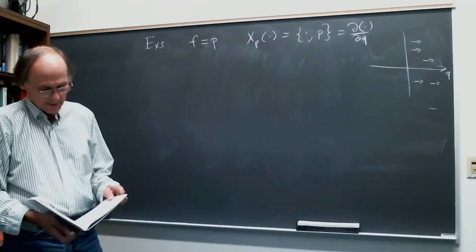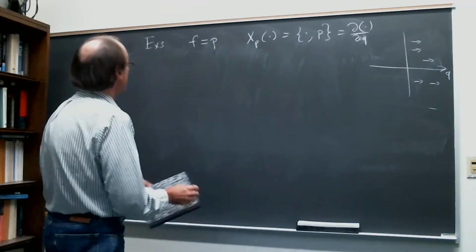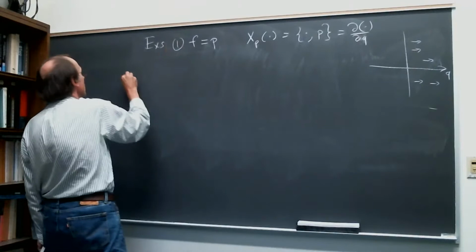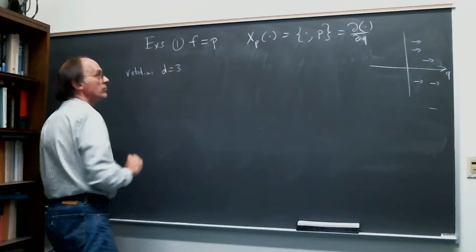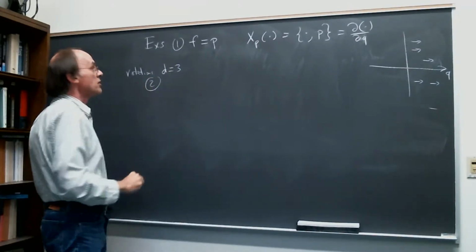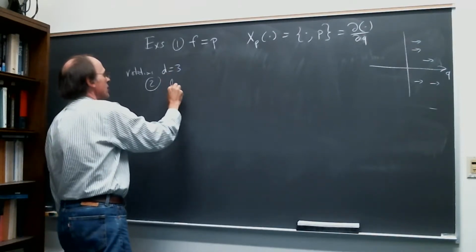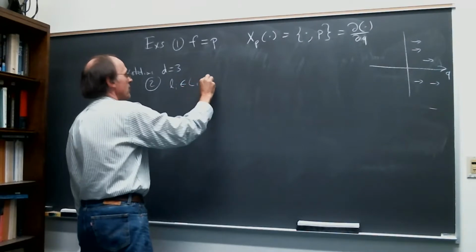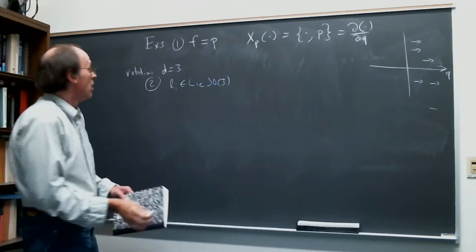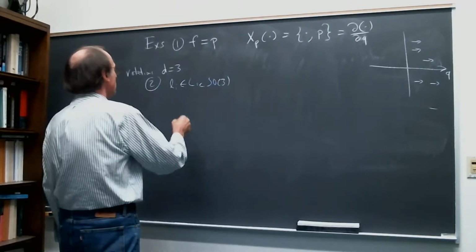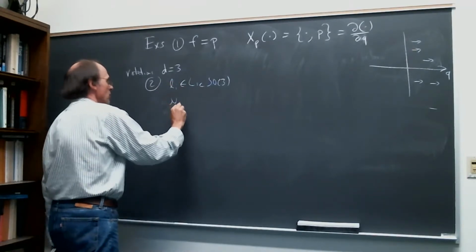And then the other good example to keep in mind is rotations, and d is equal to 3. Then for each element of the Lie algebra of SO3, you get a function, which I'll call the moment map for L sub i.